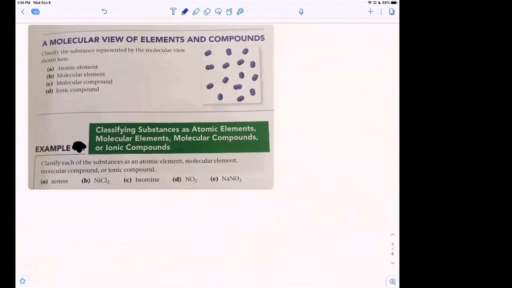So let's classify these things. First one here, xenon. Xenon is an element. And actually I have a periodic table shirt right now. So xenon is here on the far left. It's a noble gas. And noble gases tend to not bond. They're atomic solids.